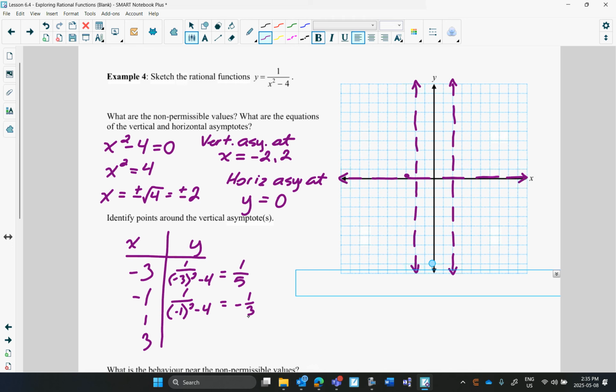Well, that's interesting. So it's like this. At 1, it's going to work out to the same thing, as 1 over 1 squared minus 4 is -1/3. And at 3, it's going to be the same as -3, because 3 squared minus 4 is 5, which gives us 1 over 5.